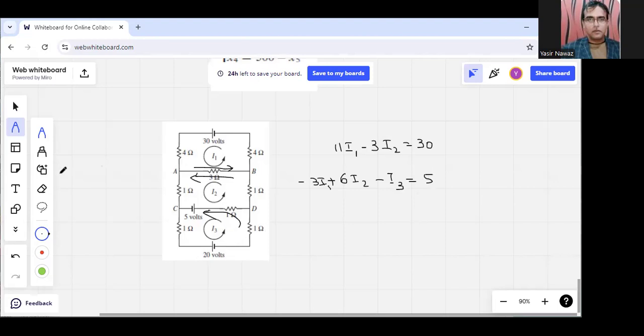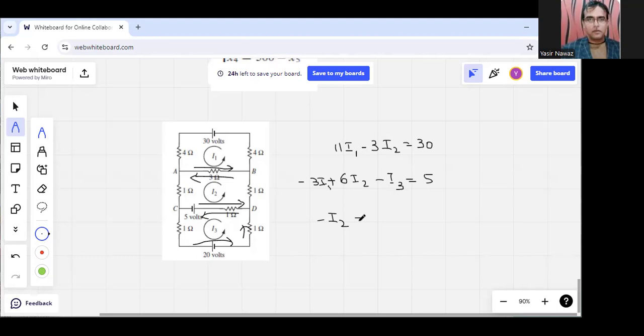And for the third equation, current is flowing in this direction. So here it is flowing in this direction, and for I2 flowing in this direction. So that would be minus I2, and then how much I3 here? 1 plus 1, 2, 2 plus 1, 3.